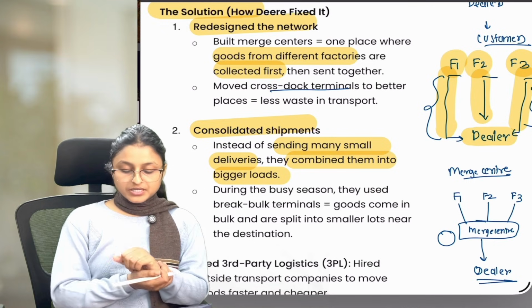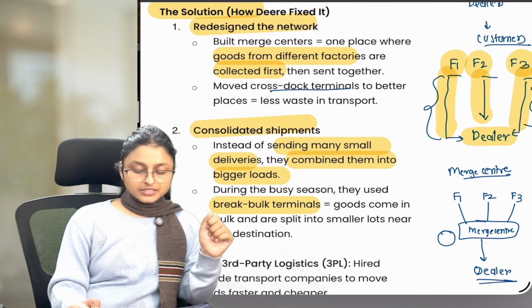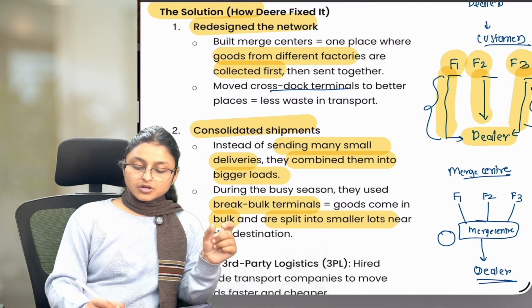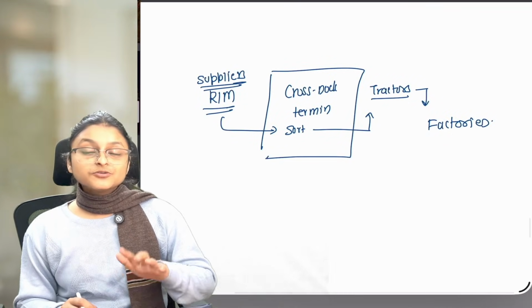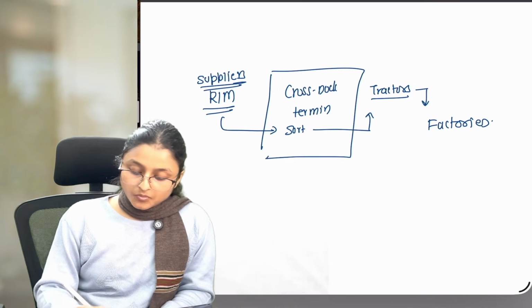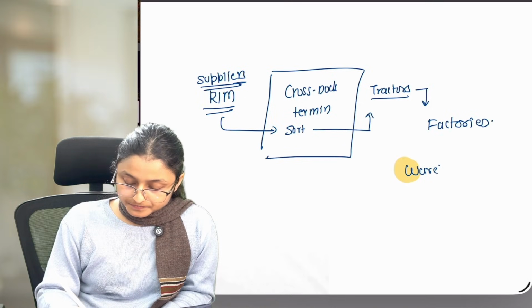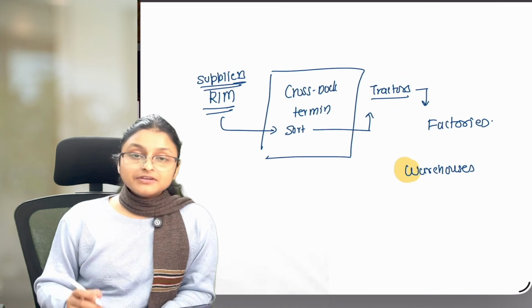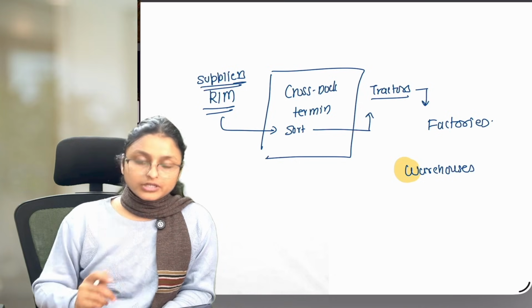Now what does that mean? During the busy seasons, they used break bulk terminals, where goods come in bulk and are split into smaller lots near the destination. Now in this case, let's say we have one warehouse which gives a specific type of machine, and we have 5 different types of dealers who want this machine only.